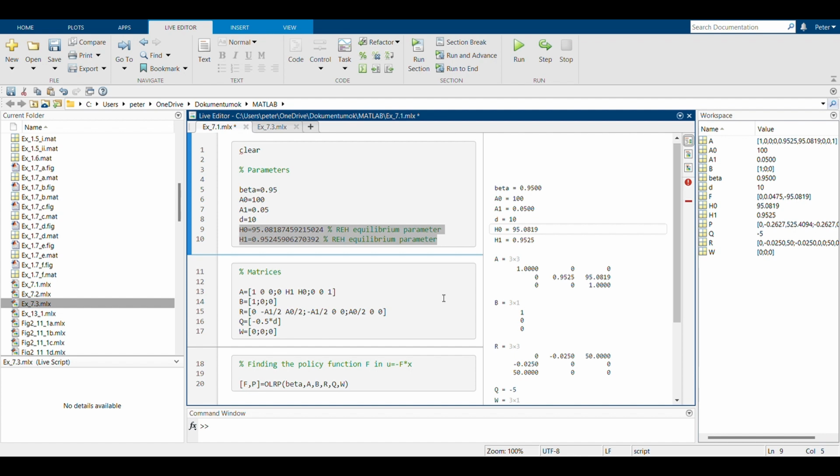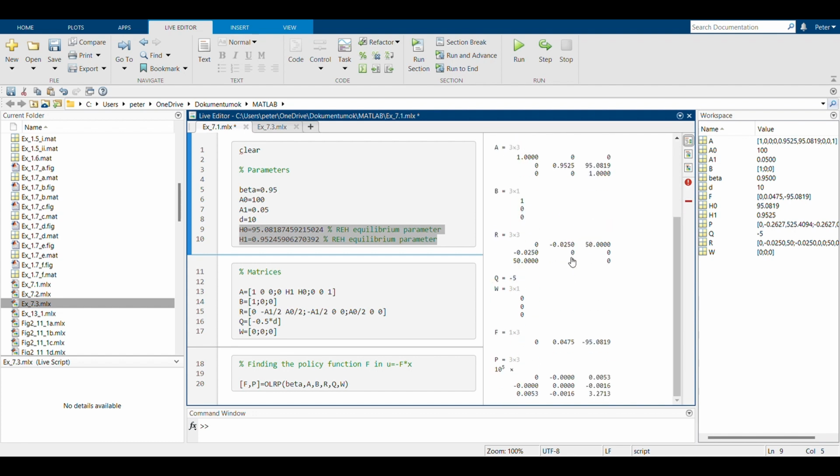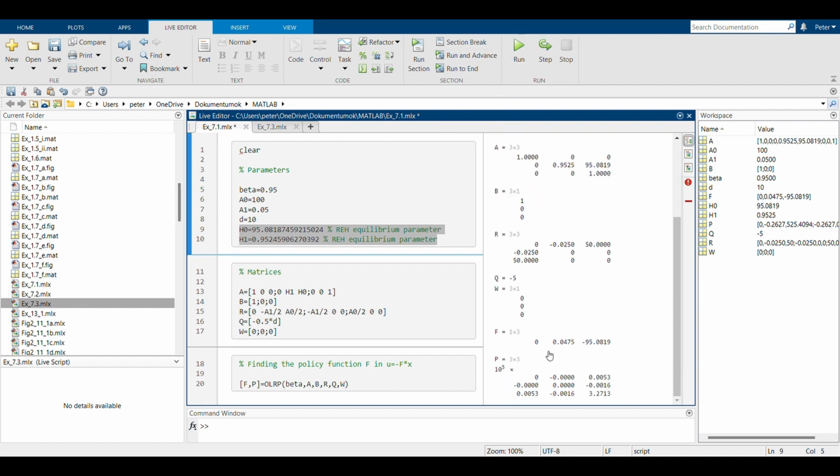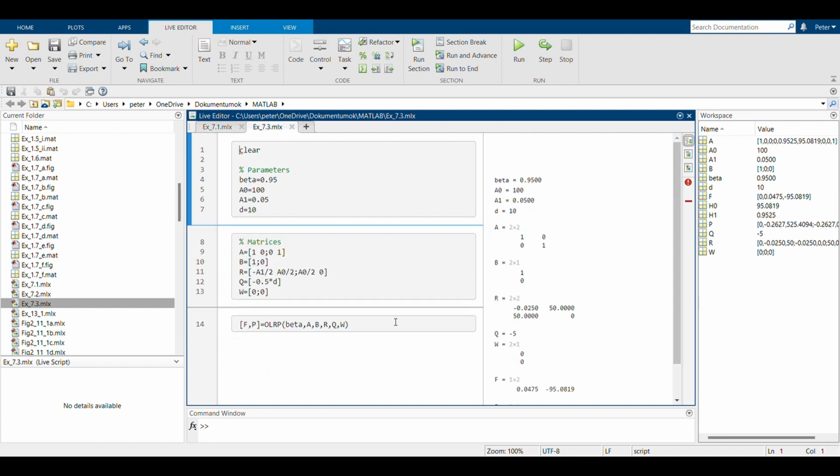Soon we will see how to get them. The point is under this belief function, the firm follows this policy function. So these are the parameters in f, the policy vector, and this is the script for exercise 7.3.